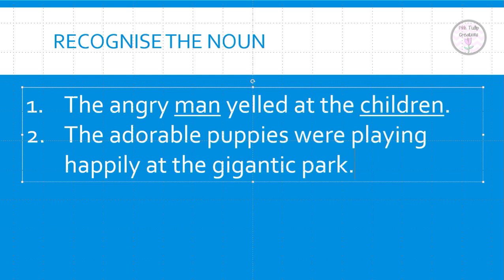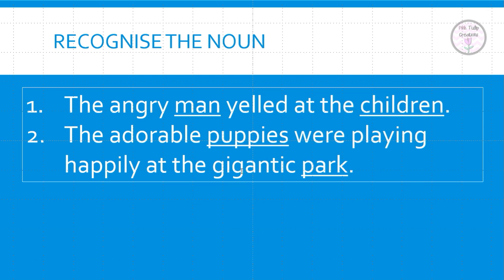Adorable is not a thing. It's not something you can really see or touch. It's not a noun. Puppies is our noun. Okay? It's a thing. They are things. Okay? They were playing. That's what they were doing. Happily. That's how they were doing it. At the gigantic park. So park is our noun here. It is our place.